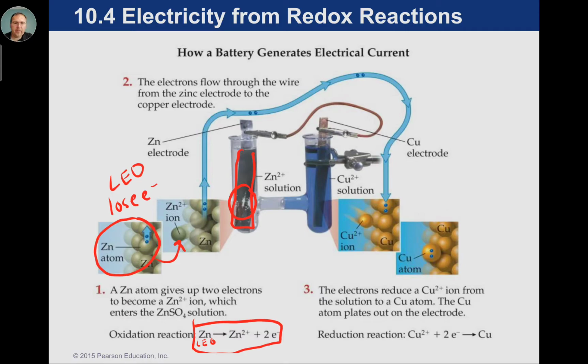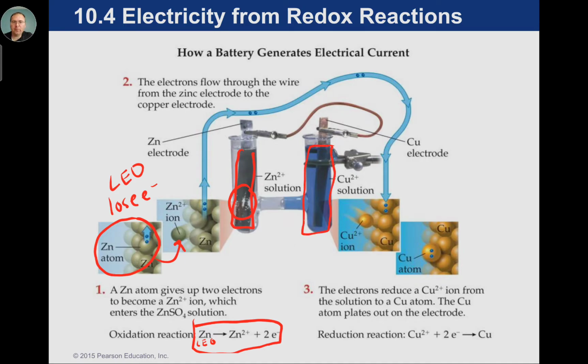Copper over here has copper metal. It already has that electrode. So the copper electrode here is just being a conductive rod or strip in this case, so that we can collect more copper. So you can look at the bottom of this electrode here and notice it's getting fatter.